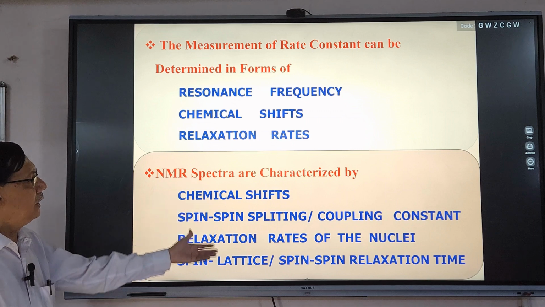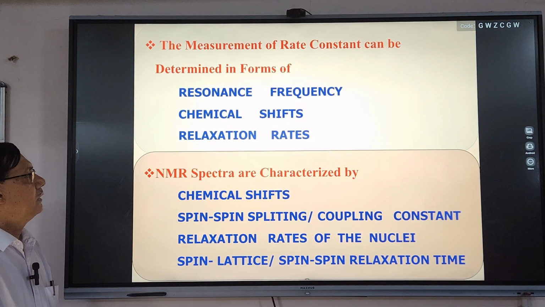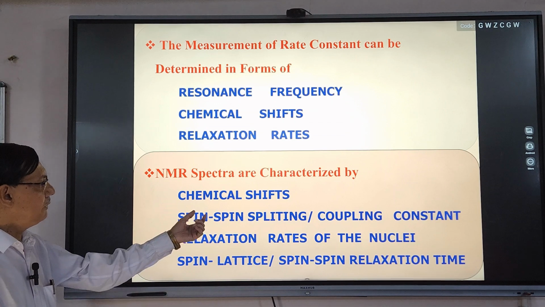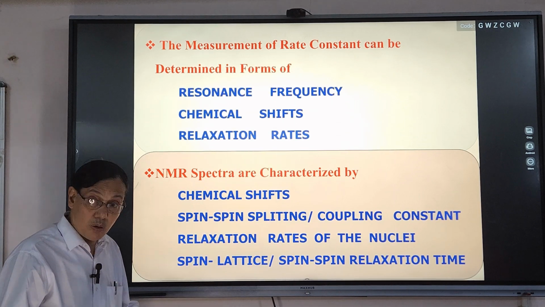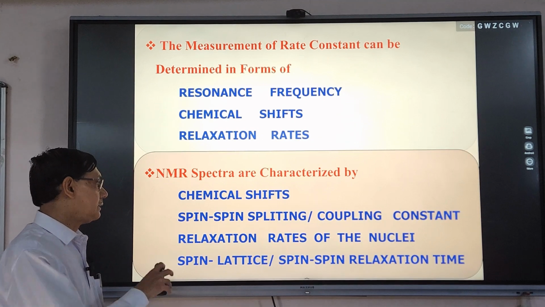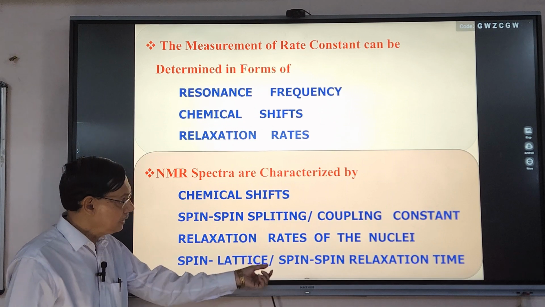And as usual, it is simple. NMR spectra are characterized by, as you all know, chemical shift or spin splitting, coupling constant, and relaxation rates of the nuclei: spin lattice and spin relaxation time.